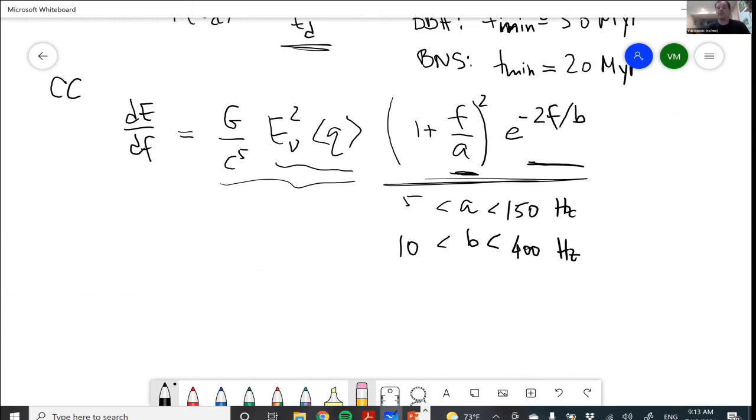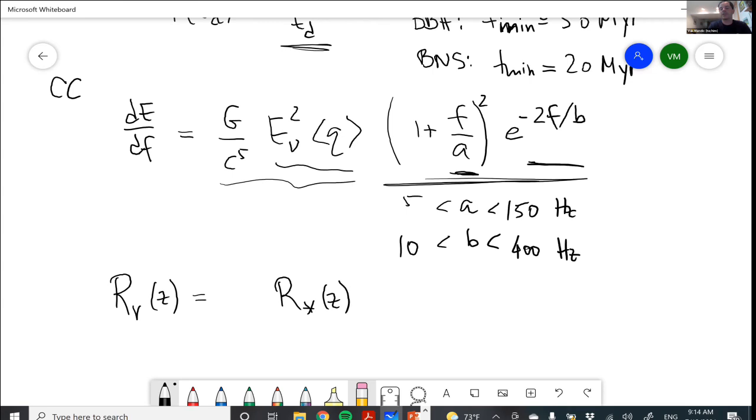Remember, in our master equation, we need two things, right? We need the dE/df, but we also need the R(z), the rate of stellar core collapse events as a function of redshift. So this is per comoving volume and so on. We expect this to be proportional to the star formation rate.